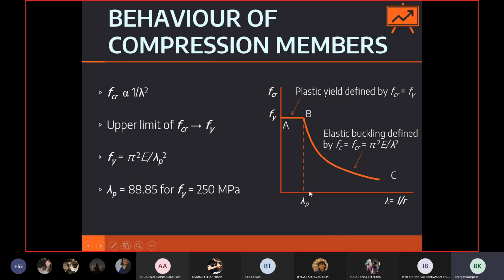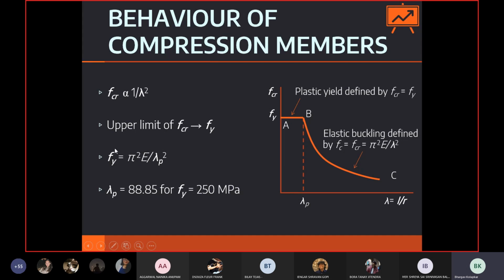So let us try to find lambda P for mild steel. For mild steel, Fy is equal to 250 megapascal. In this formula, just plug in Fy equal to 250. What is the value of lambda P that you get? I hope you already know the value of pi. The value of E is 2 into 10 to the power 5.